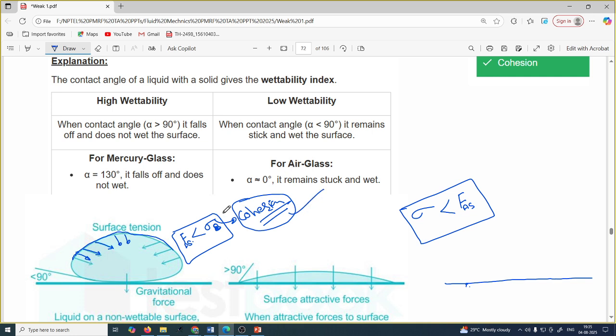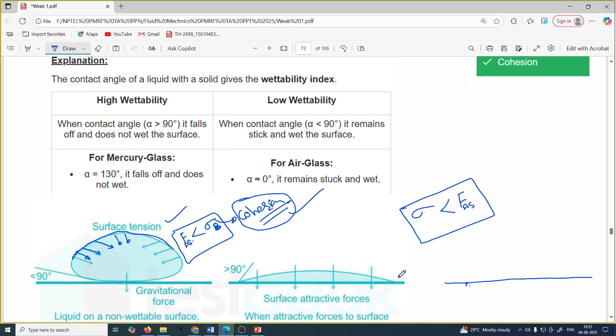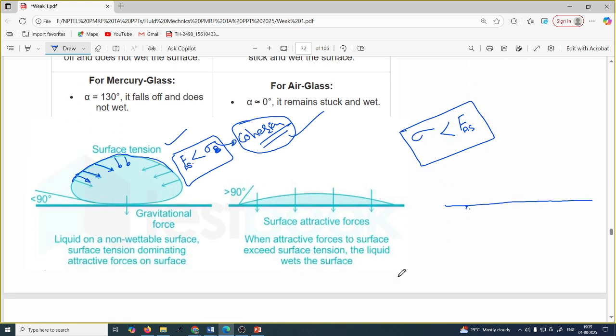Always remember, if any liquid, not mercury, has this condition, it means your surface tension force is greater than your surface attraction force. In this condition, the condition will be non-wet, and if it is just opposite, the condition will be wet. For example, in case of water it is wet, and for Hg, that is mercury, it is non-wet.